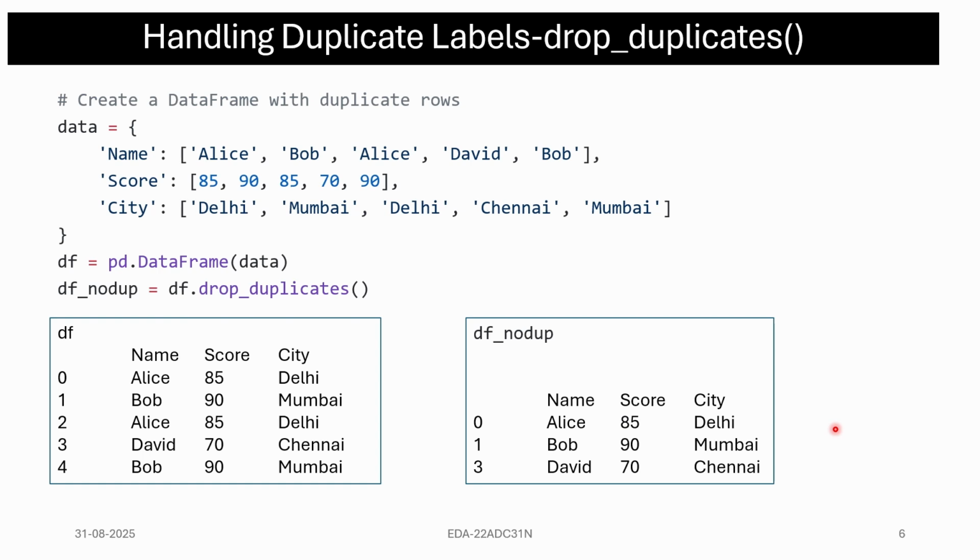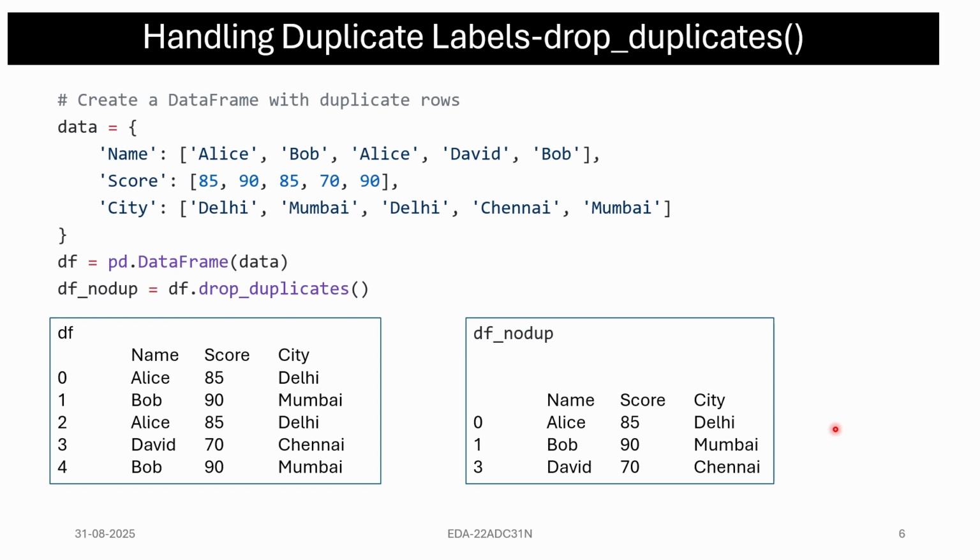Whereas if you try to access an element having only one index label without duplication, in such a case a scalar value is returned. Similarly, for a data frame, if the label is repeated, in such a case you will be getting another data frame as return type. Whereas if the index is not repeated, in such a case the data frame returns a series object.